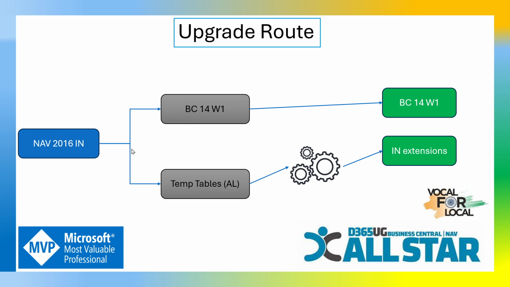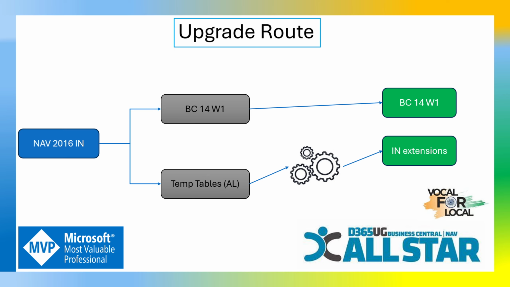In the next video, we will break this IN database into two major parts. One will be the worldwide version of Business Central 14, and then any data associated with India localization, either part of the standard Microsoft table or a complete India table, will go into a temp table in an AL extension. Microsoft has provided that extension.